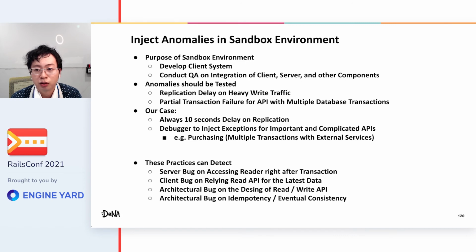In our case, we always had a 10-second application delay, and we implemented a debugger to inject exceptions for important and complicated APIs. These practices can detect server bugs on accessing readers, client bugs on relying on the read API for related data, and many architecture bugs in the design of read-write APIs, idempotency, and eventual consistency.